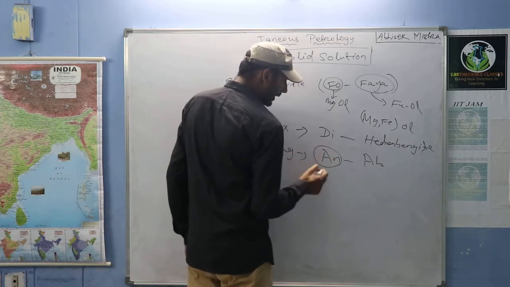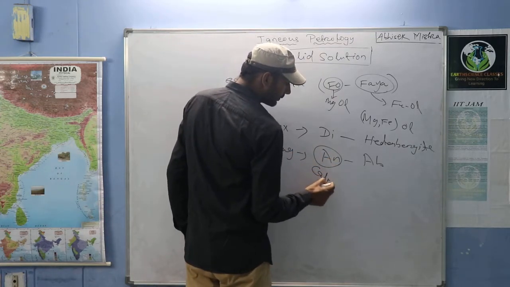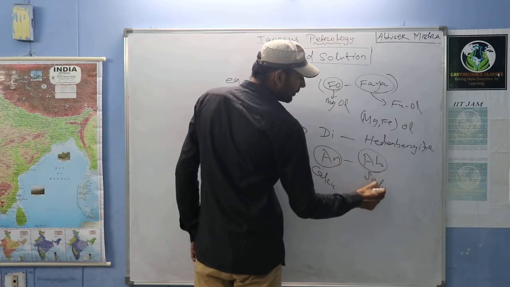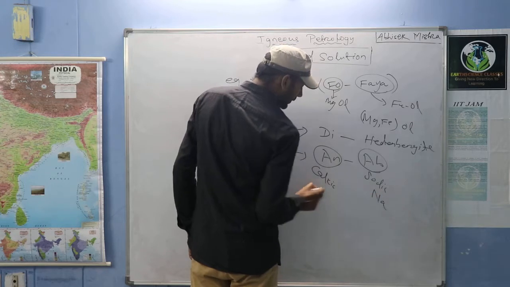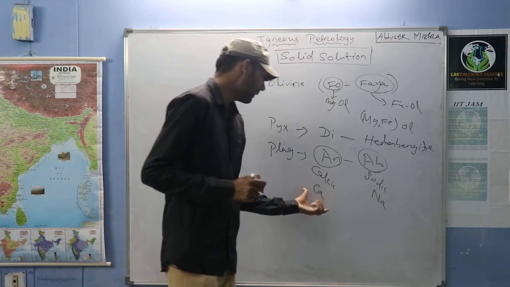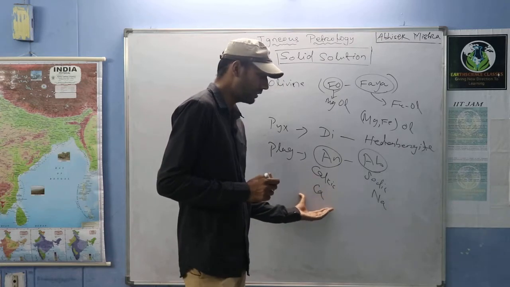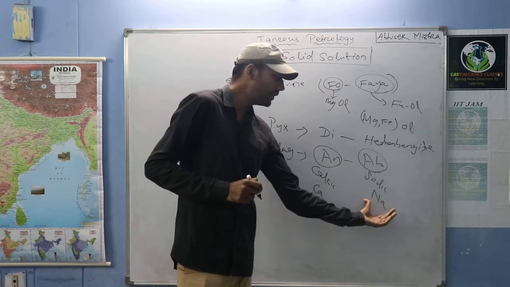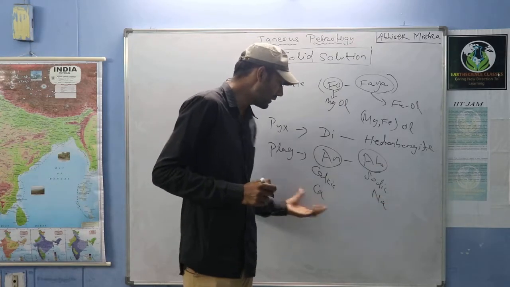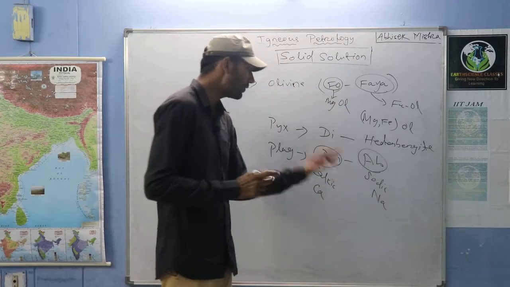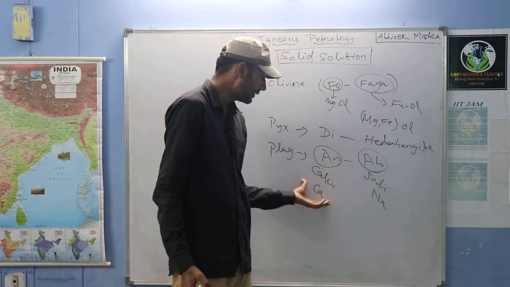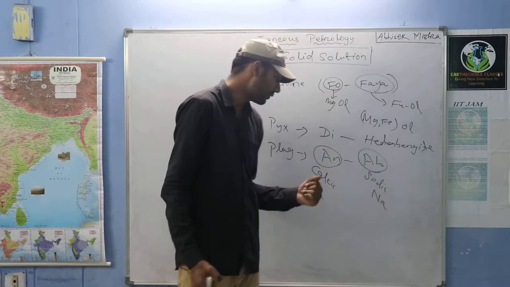Anorthite means calcic plagioclase. Albite is sodic, meaning Na, whereas this is Ca, right? One end member will be calcium oxide plus silica, the other sodium oxide plus silica. We are talking about silicate minerals only, but I am just considering the cations calcium and sodium.